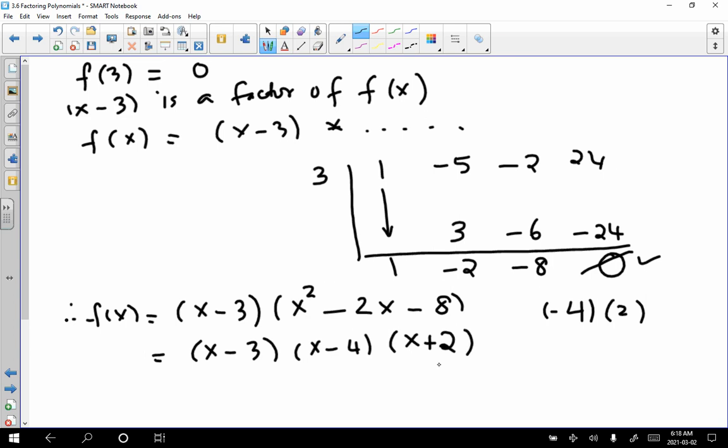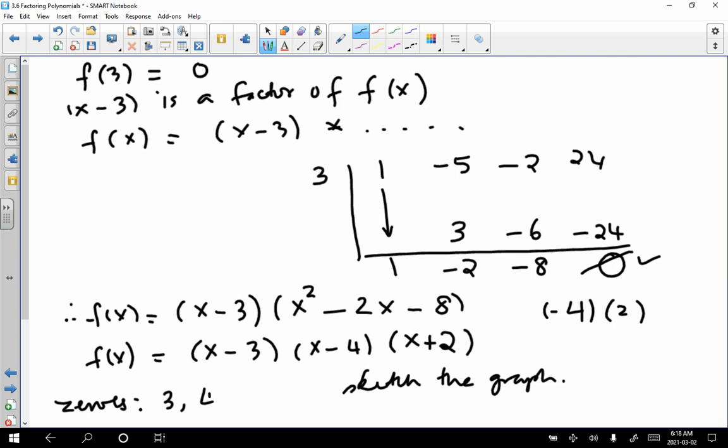Okay, so let's now try to sketch the graph of this function. To sketch the graph, we need to find the zeros. So they're going to be at 3, 4, and minus 2. And its degree is 3.